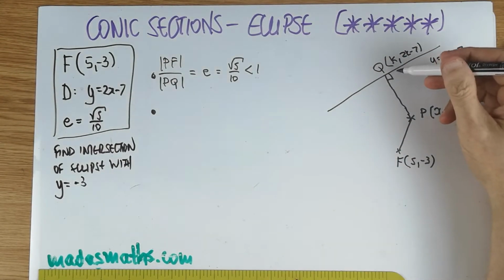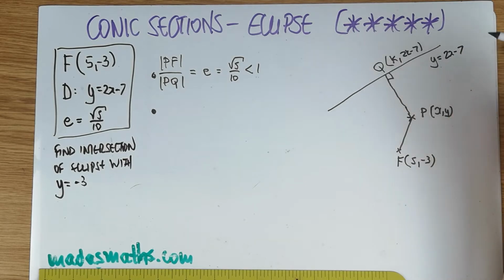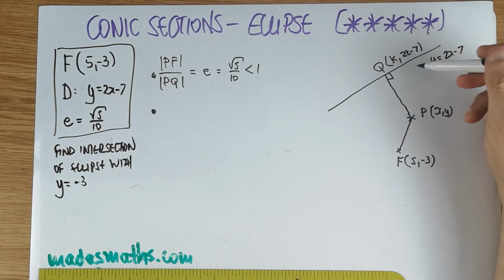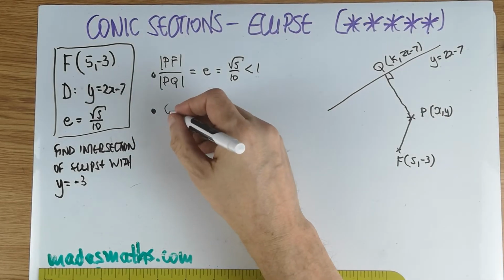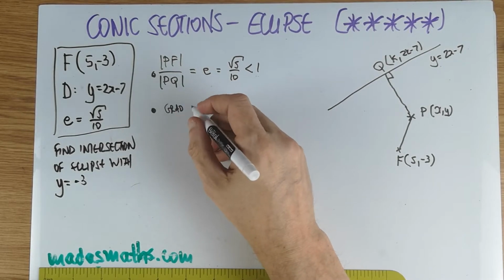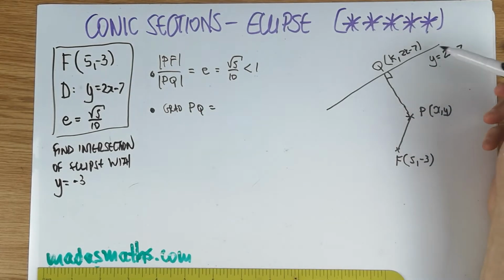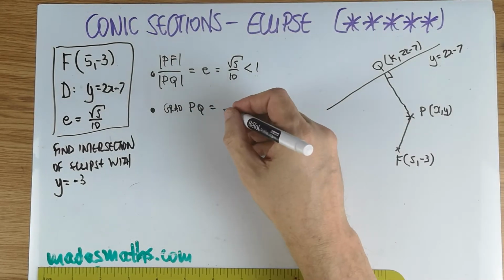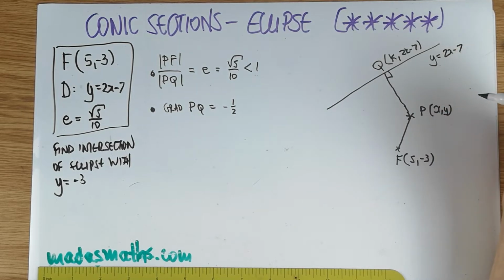We have a perpendicular here, so the gradients are negative reciprocals of one another. The gradient of PQ: since the directrix has gradient 2, this line will have gradient -1/2. And from here I can get an expression for the gradient, which is a mess.